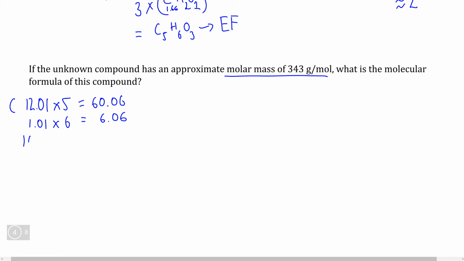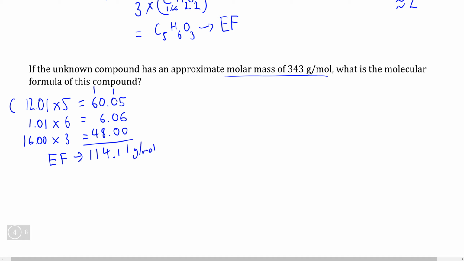And then if we do the same thing with oxygen, 16.00 times 3 oxygens, and that comes to 48. And if we do some quick arithmetic here, I realize that I made an arithmetic error. 12.01 times 5 is 60.05. Make sure that you're careful with your arithmetic as I'm doing here.